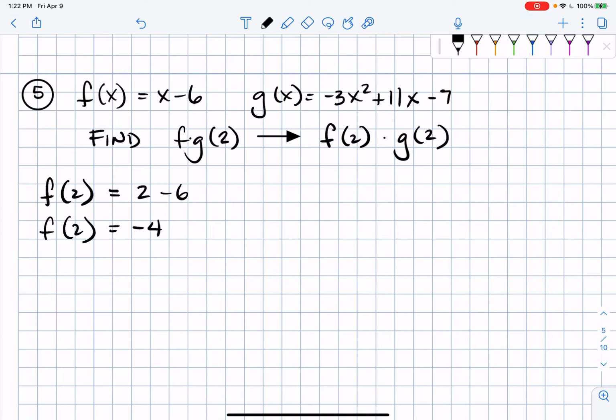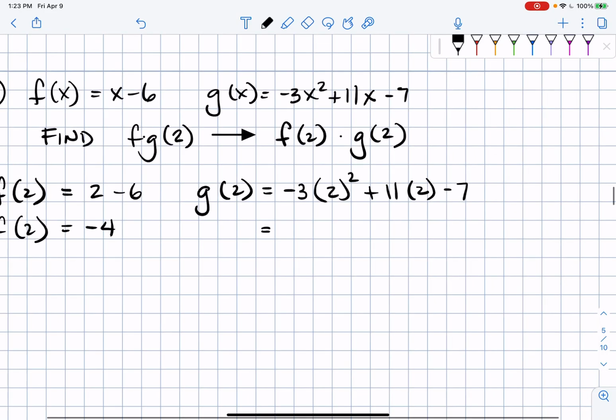All right. Well, what is g of 2? Well, g of 2 is equal to negative 3 times 2 squared plus 11 times 2 minus 7. Order of operations says I got to do the power first. So I got negative 3 times 4 plus 11 times 2 minus 7.